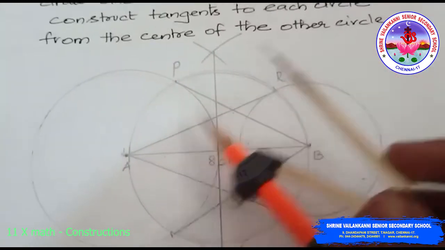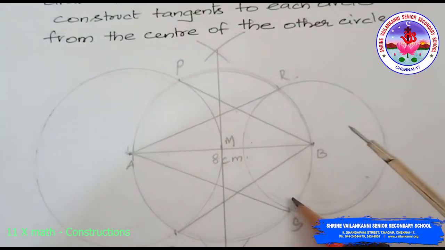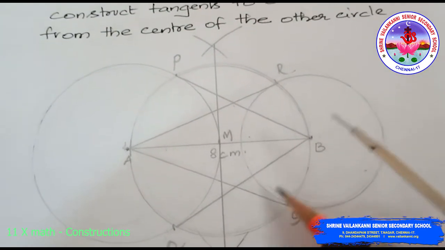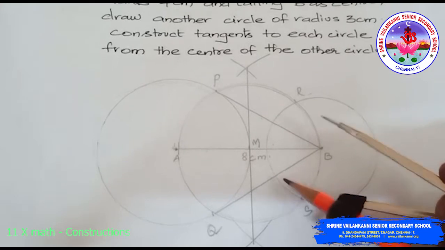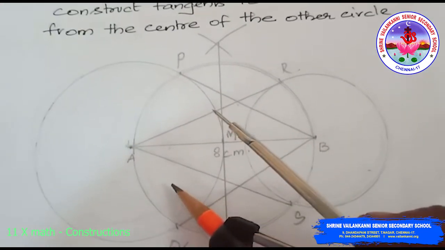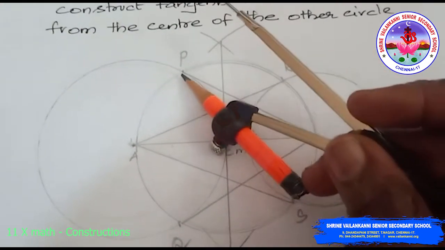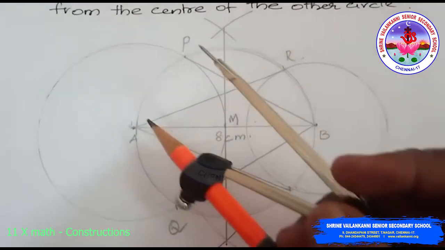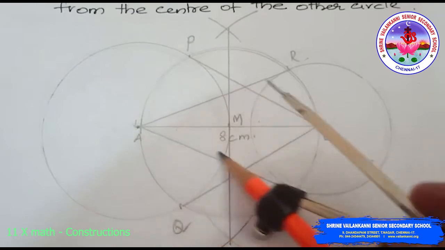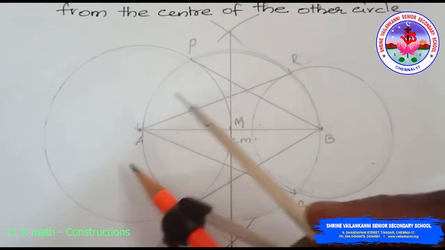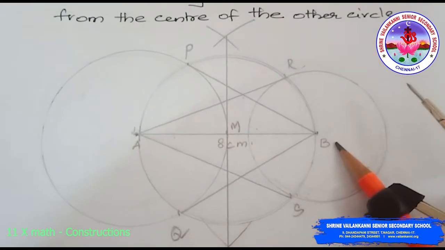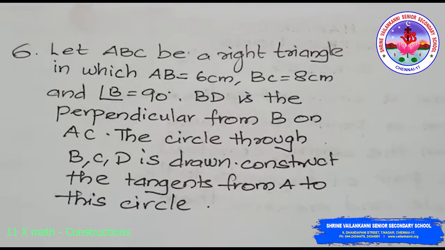This AR and AS forms the tangent to the circle of radius 3 centimeter from the external point A. Hence, I have drawn the tangents BP, BQ and AR and AS for the two circles of radius 4 centimeter and radius 3 centimeter.